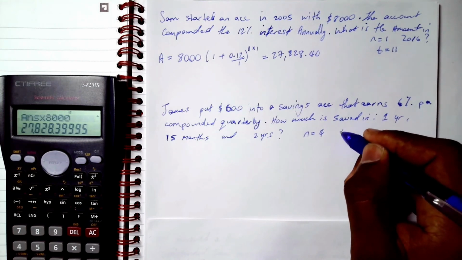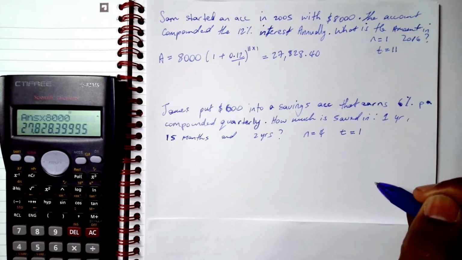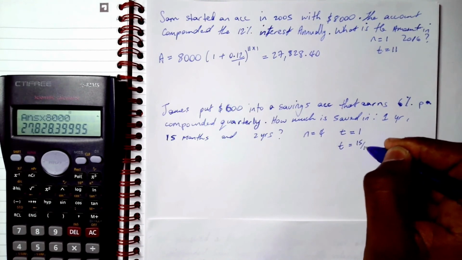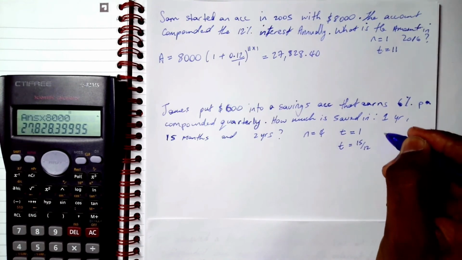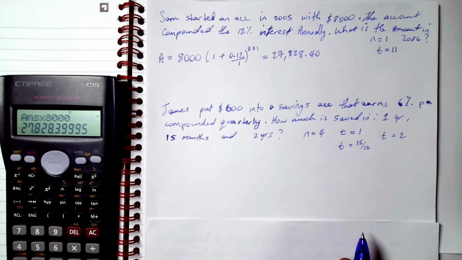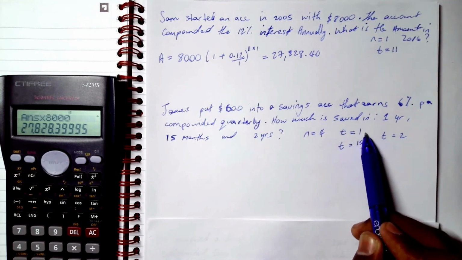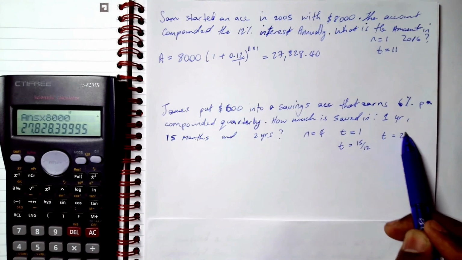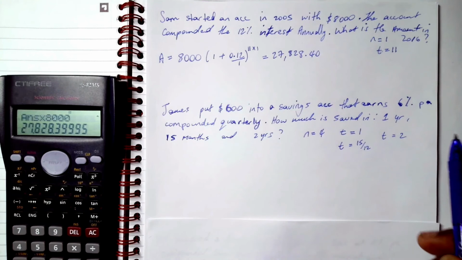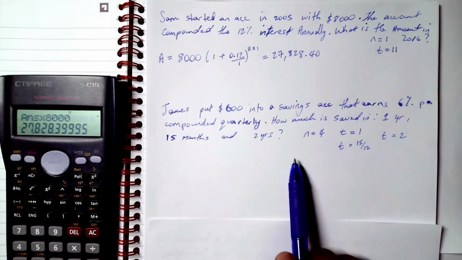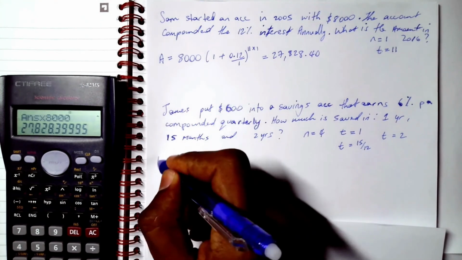So for 1 T, it's going to be 1. Another T is going to be 15 divided by 12. And another T is going to be 2. So when calculating each of our accumulated values, the first one will be with t equal 1, t equal this, and t equal 2. However, in all cases, n will be 4. So let's do it now.